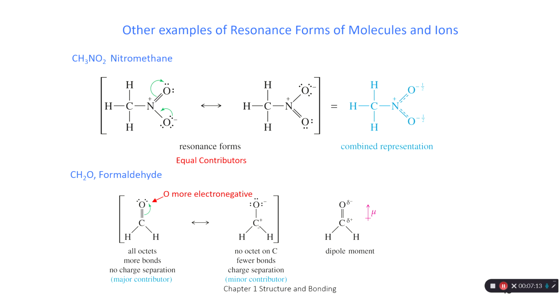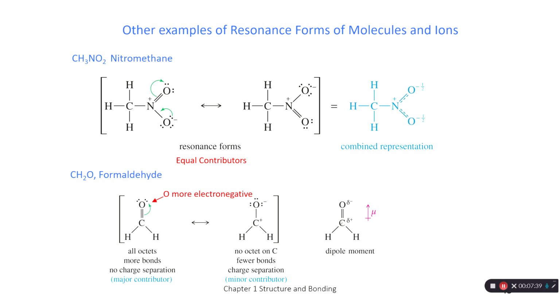But this one is important in the sense that it shows that the oxygen is actually adopting a partial negative charge, even though it's not a full -1. In this structure it is, but overall it's a partial negative charge on the oxygen and a partial positive charge on the carbon. And also notice that there's no octet on the carbon, so that it argues against that, but nevertheless it shows that there's this charge separation.